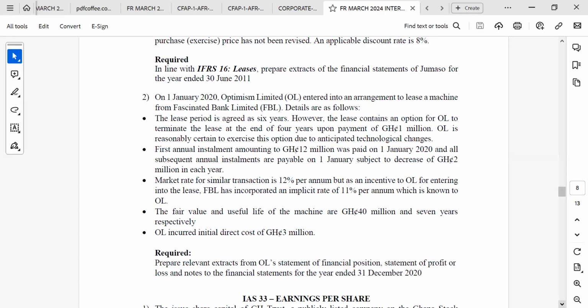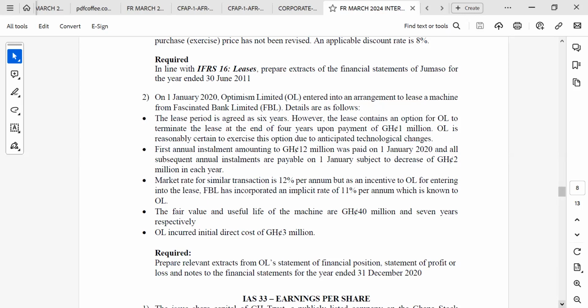Okay, the fair value and the useful life of the machine are 40 million and 7 years respectively. OL incurred initial direct cost of 3 million. So what you do is forget about the fair value given to you. The fair value will be useful for the lessor.